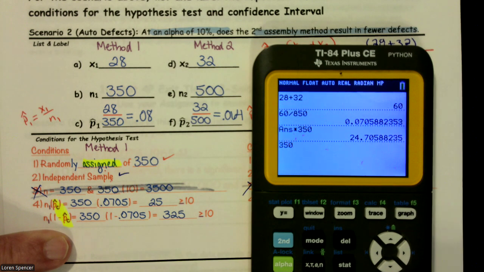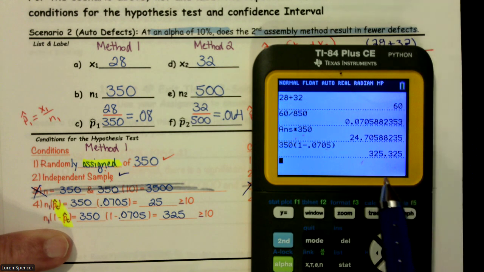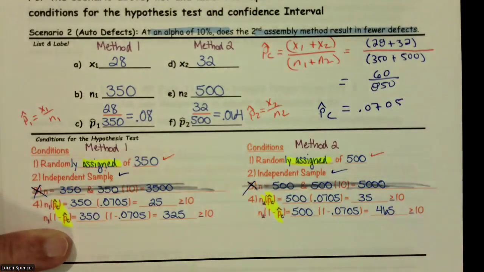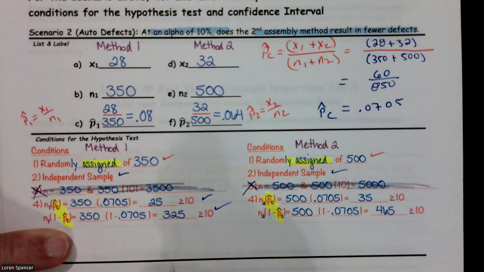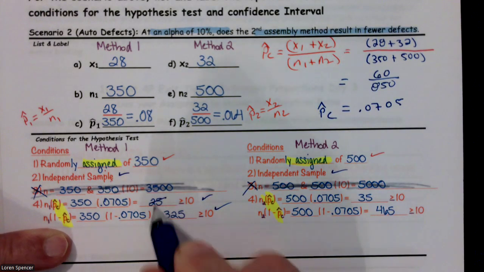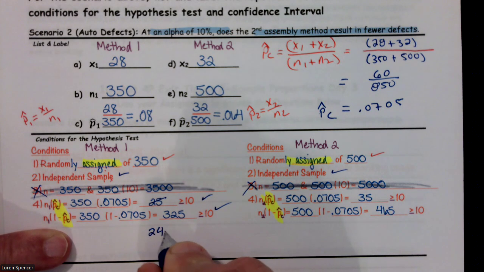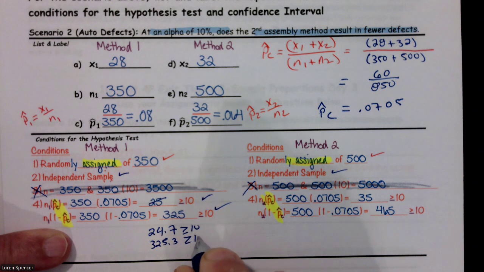And then 350 times parenthesis 1 minus 0.0705 is 325. And 325 is also greater than 10. So both of these are greater than 10, and we're good to go. I'd rather this have been written as 24.7, and this one 325.3, greater than or equal to 10, greater than or equal to 10.